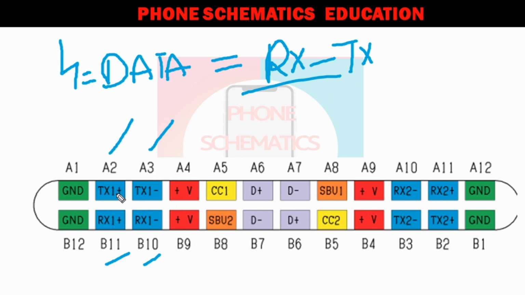But from here, TX1 plus, TX1 minus, RX1 plus, RX1 minus. These pins are called RX and TX. These 4 pins work in a pair: RX1 plus, RX1 minus for receiving, TX1 plus, TX1 minus for transmitting.